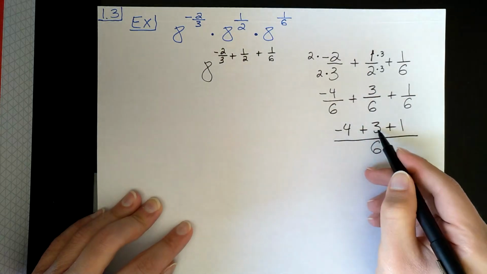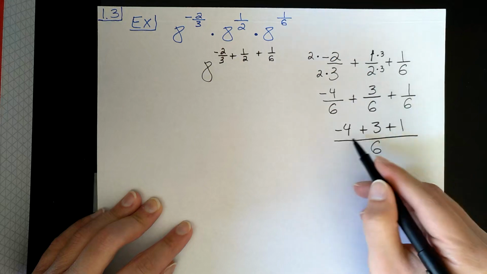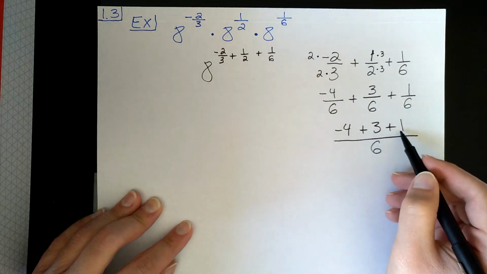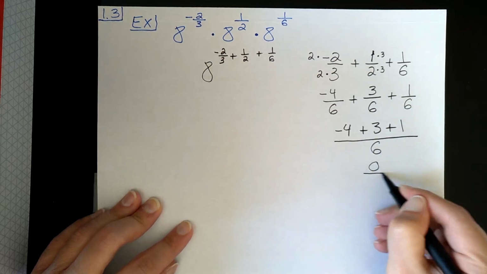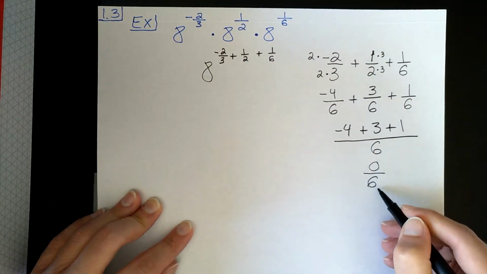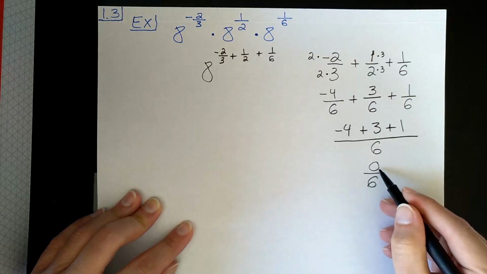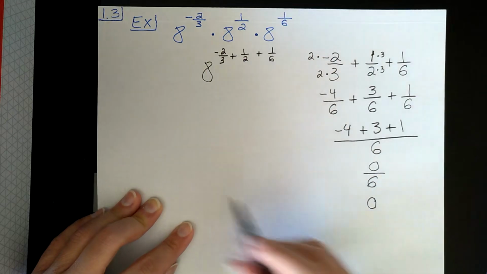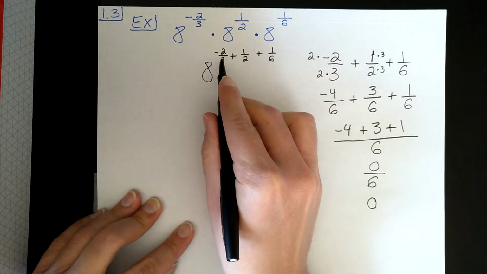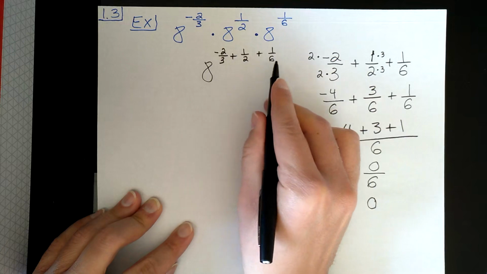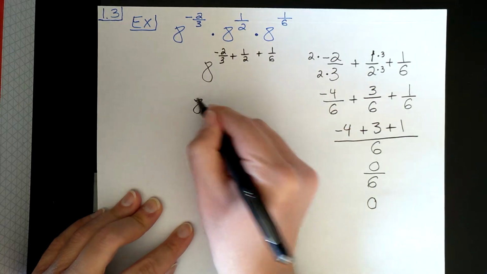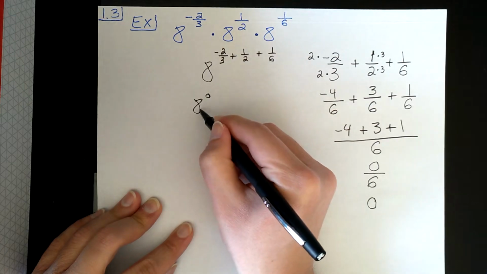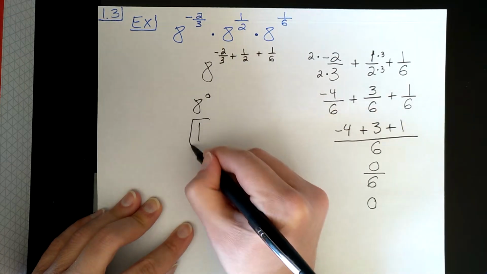Negative 4 plus 3 is negative 1, plus 1 gives us 0 over 6, and 0 divided by 6 is just 0. So this entire thing, 8 to the negative 2/3 plus 1/2 plus 1/6, becomes 8 to the 0 power, and anything to the 0 power except for 0 is just 1.